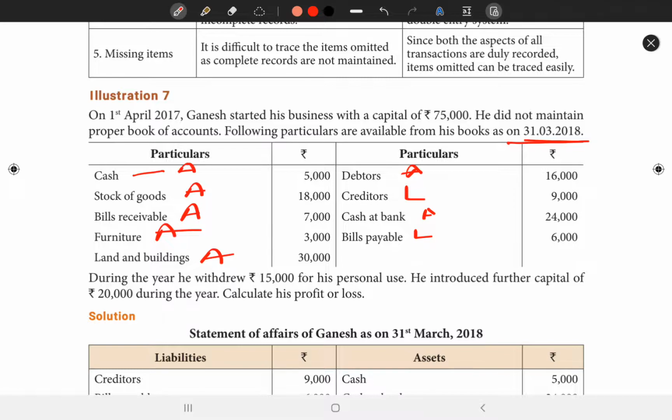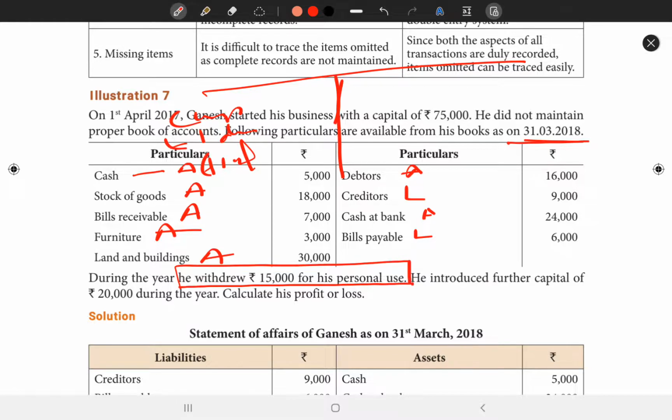And if you think about drawings, where we have to use drawings, in the balance sheet what we do is capital minus drawings, right? We'll less drawings and add back the additional capital, but here we don't use drawings and further capital in the statement of affairs. Why?